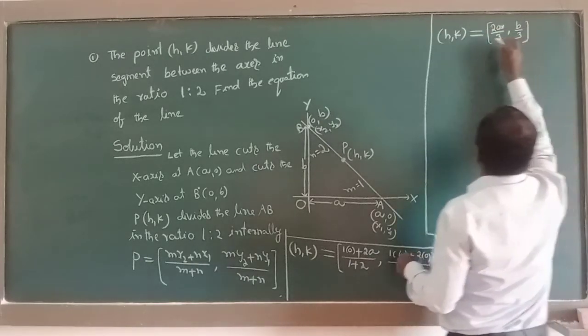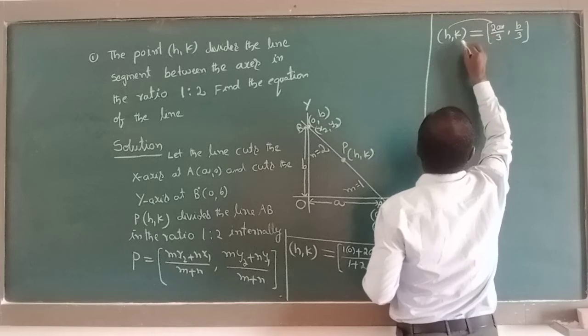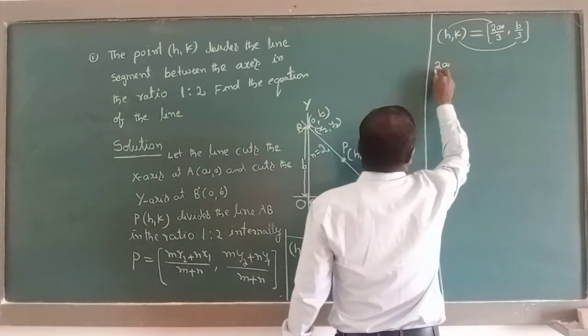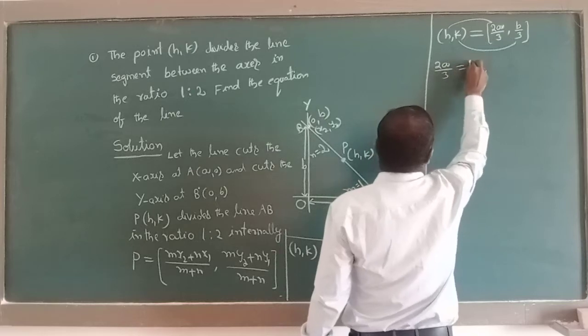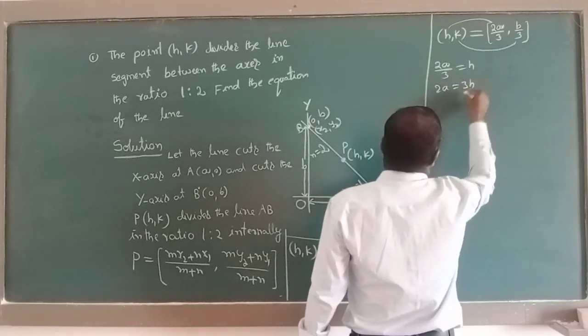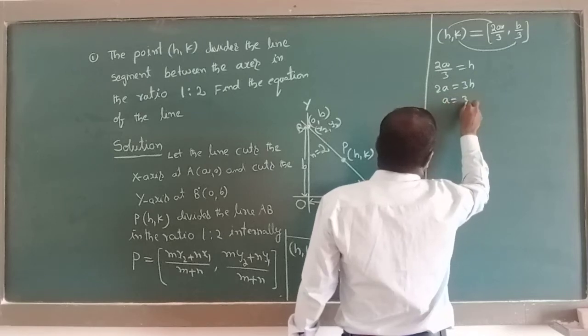Afterwards you separate them into equations like this. 2a by 3 is equal to h, or 2a is equal to 3h, a is equal to 3h by 2.